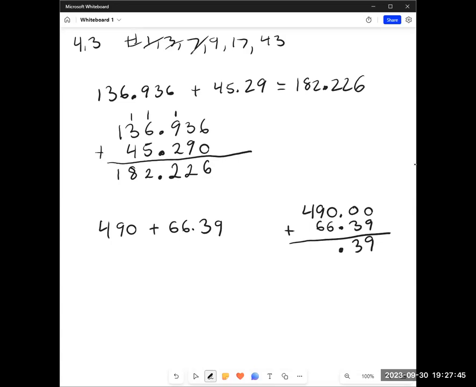Bring down your decimal point. 0 plus 6 is 6. 9 plus 6 is 15. Carry the 1 here. 4 plus 1 is 5. My answer here is 556 and 39 hundredths.